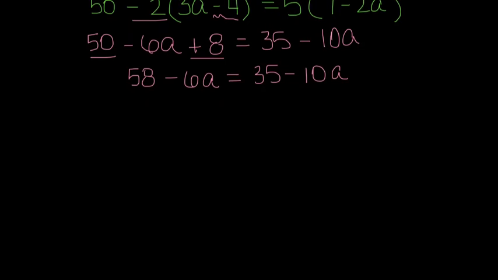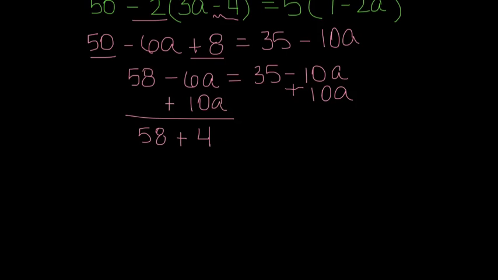Okay, so let's see. I can move this 10a term over to the other side by adding 10a. Because it's a minus 10a, I'll add 10a to both sides. I bring down the 58. Minus 6a plus 10a is plus 4a. Equals, I still have the 35, and my 10a's cancel each other out.